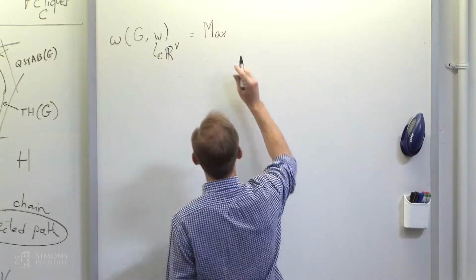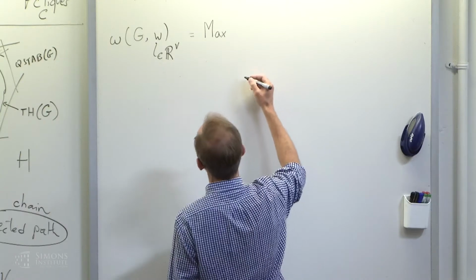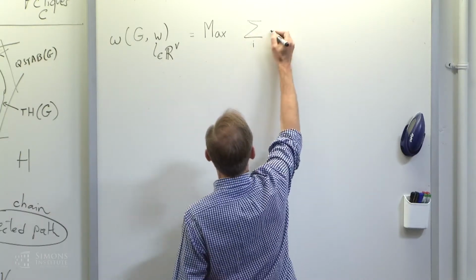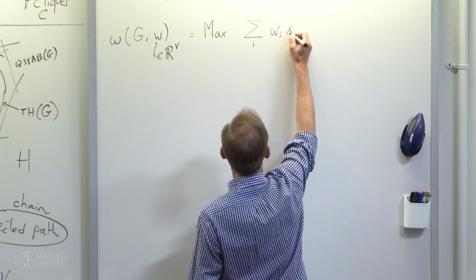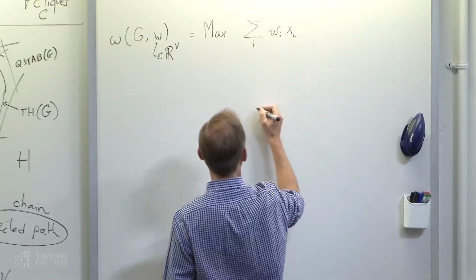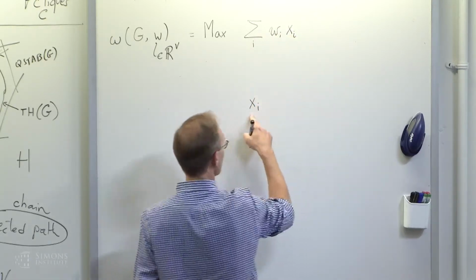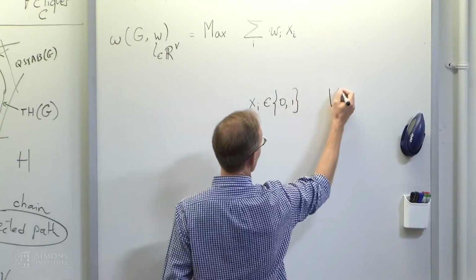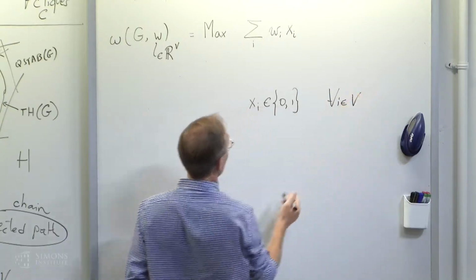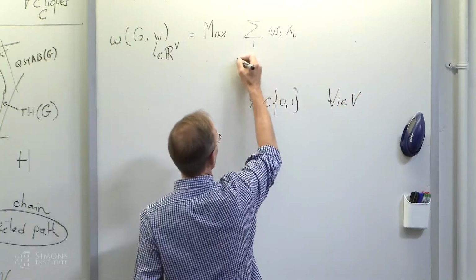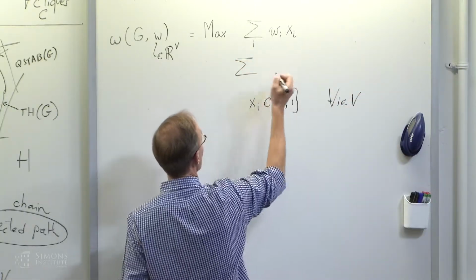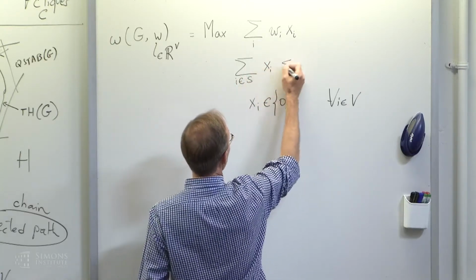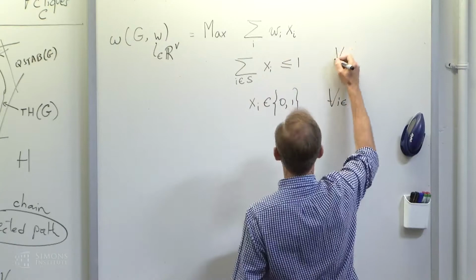So one way I could define it is the following. I maximize the sum of w_i x_i. I'd like x to be the incidence vector of a clique, so I'd like x_i to be 0, 1 for every i. And then I'd like it to be a clique, so I will impose that for every stable set, I have at most one vertex in the stable set.